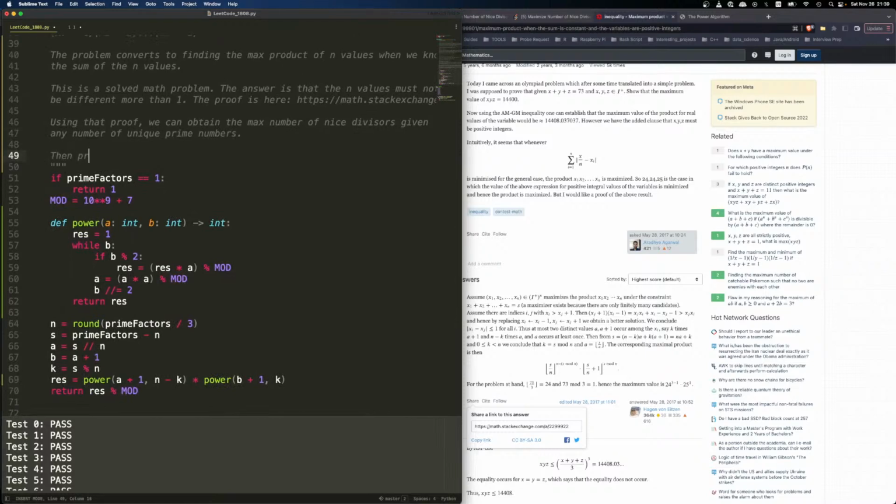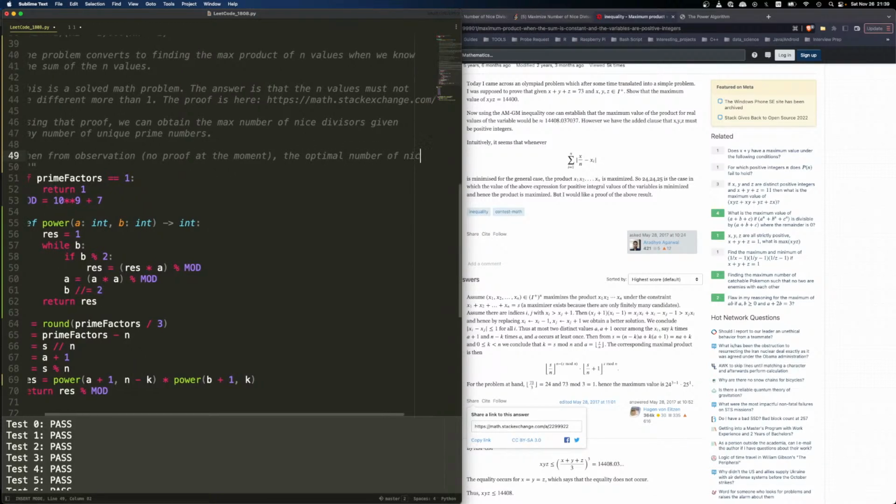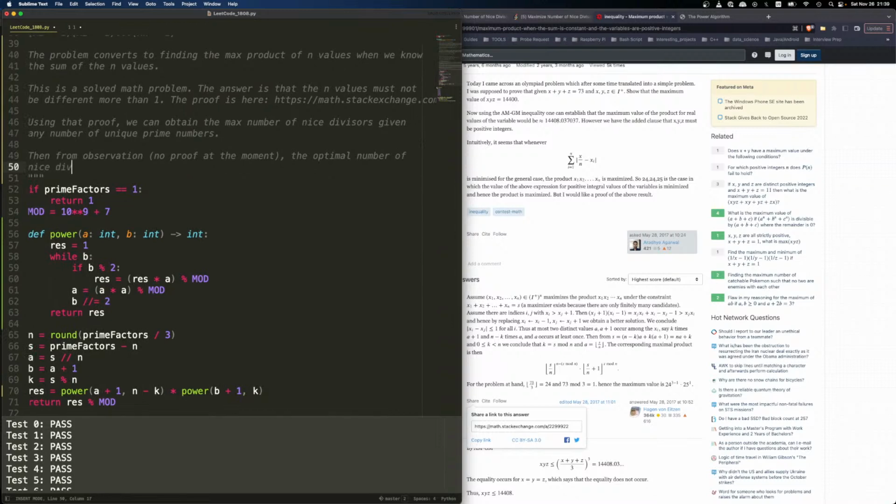Then from observation, with no proof at the moment, the optimal number of prime numbers is round of pf divided by 3.